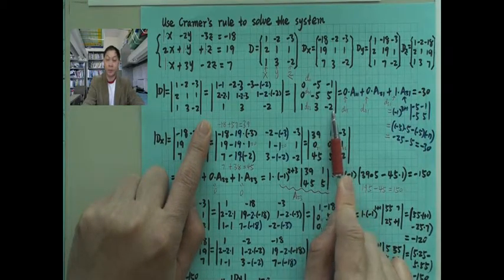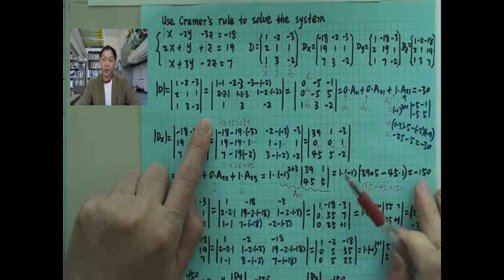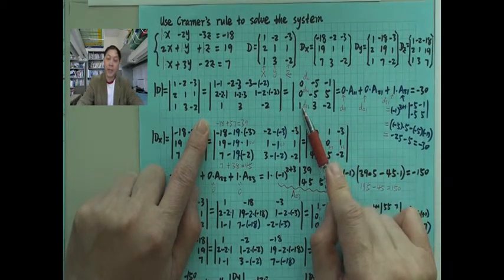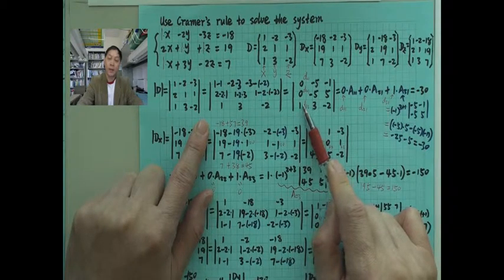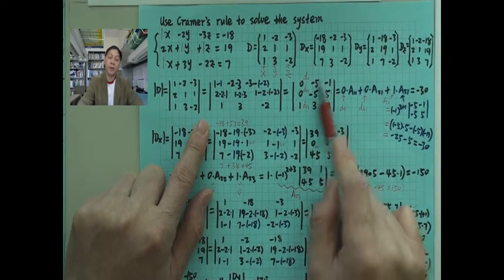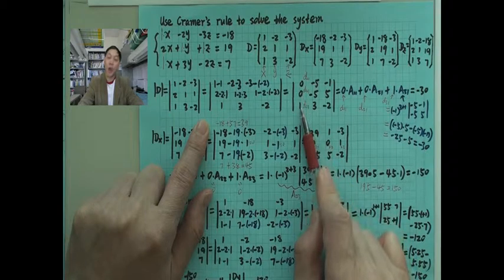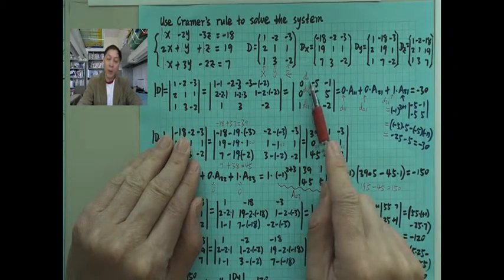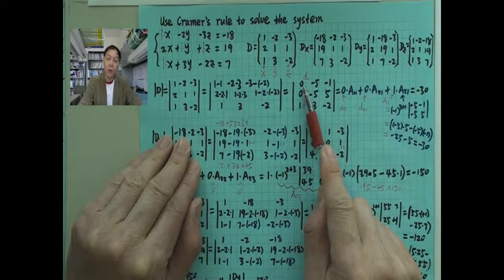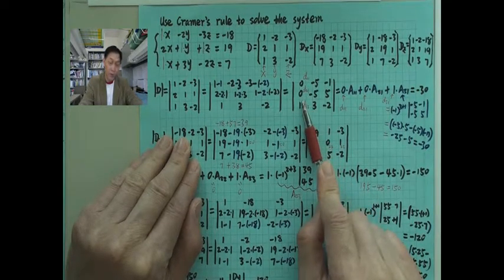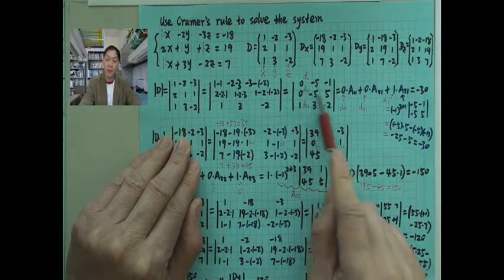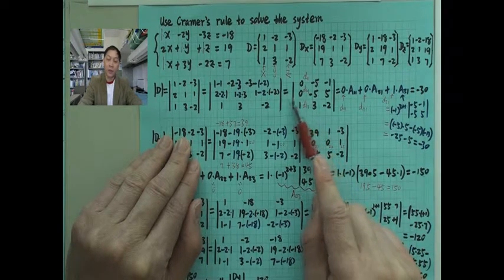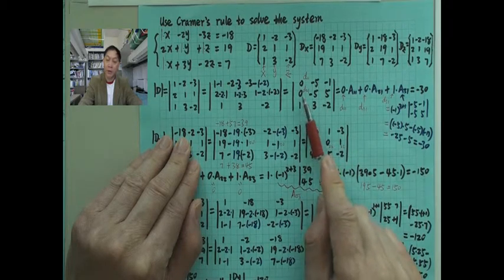After we reached this far, we wanted to expand this determinant along the first column. The first column here, D11 stands for this element. Row 1, column 1. That's 0. D21 stands for row 2, column 1. That's 0.